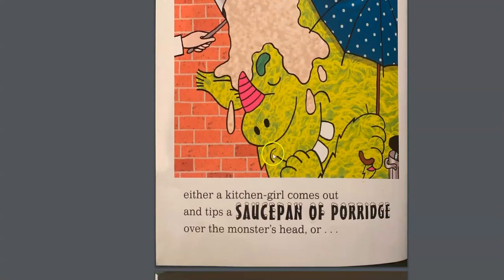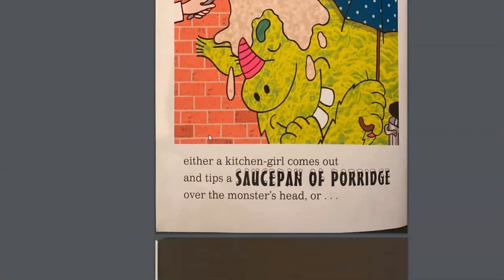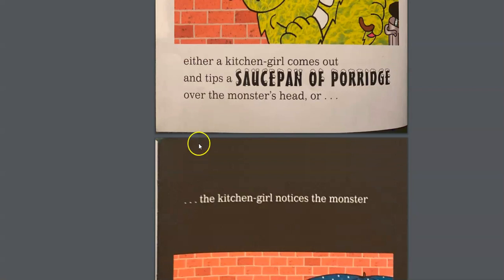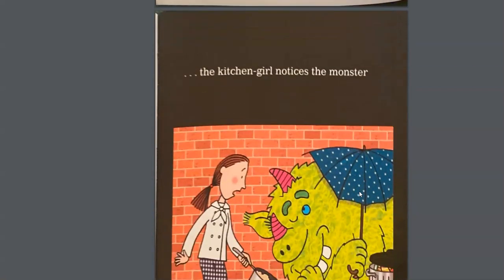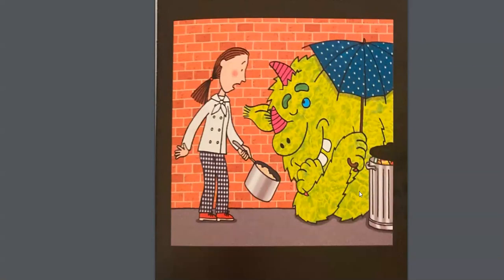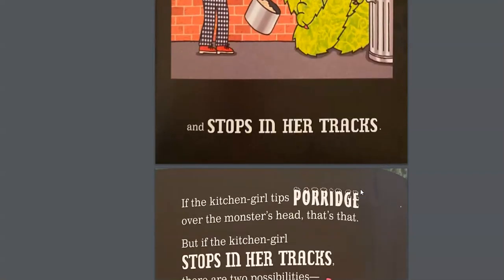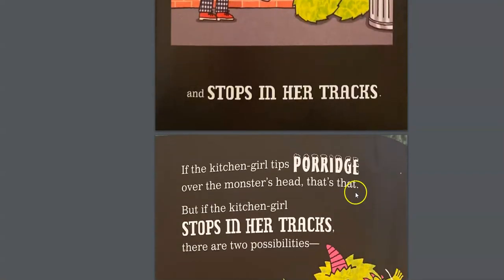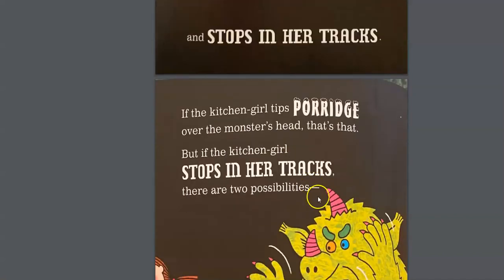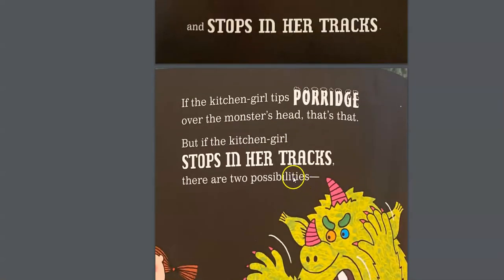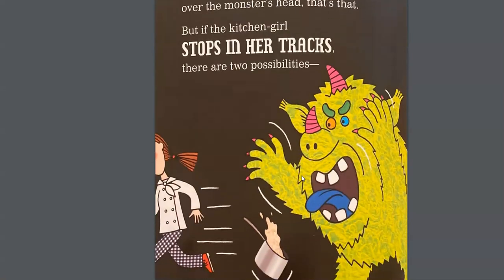Either a kitchen girl comes out and tips a saucepan of porridge over the monster's head, or the kitchen girl notices the monster and stops in her tracks. If the kitchen girl tips porridge over the monster's head, that's that. But if the kitchen girl stops in her tracks, there are two possibilities.